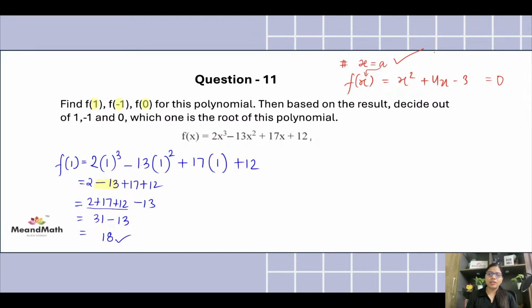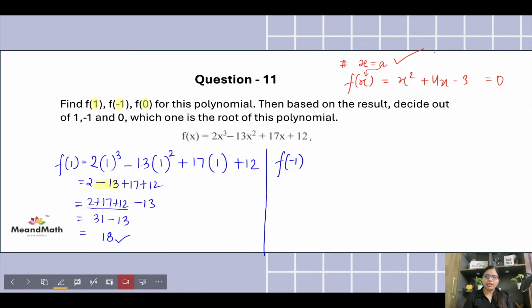Now we're going to be using the same method to find out f(-1). Let's see who's going to be writing it first. f(-1). So this time, whatever was plus 1, this time it's going to be minus 1.